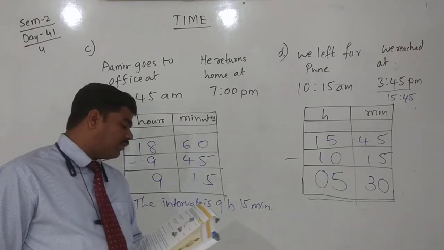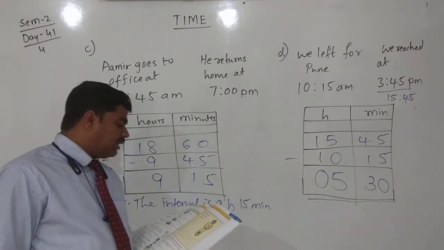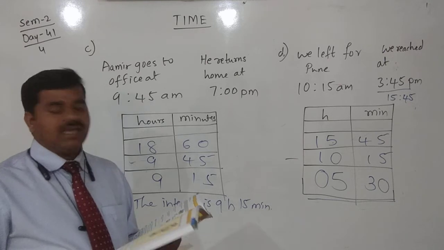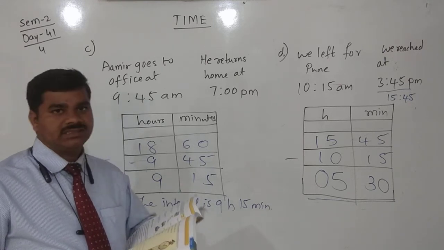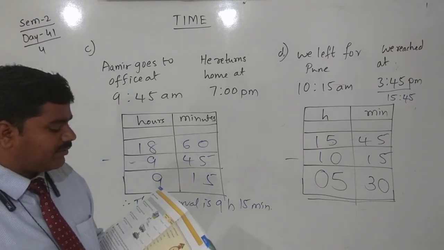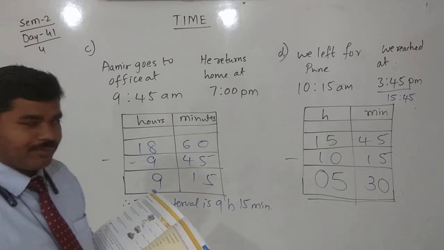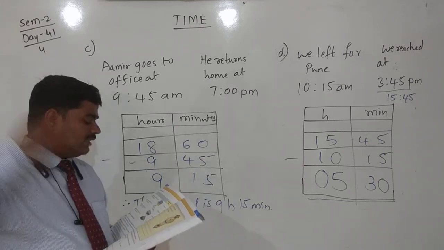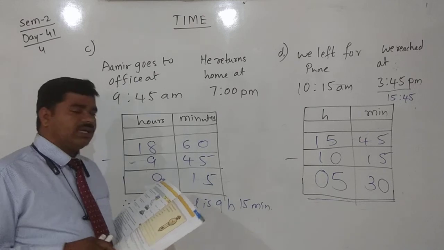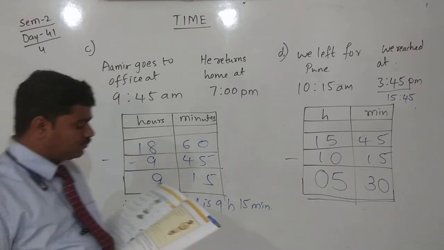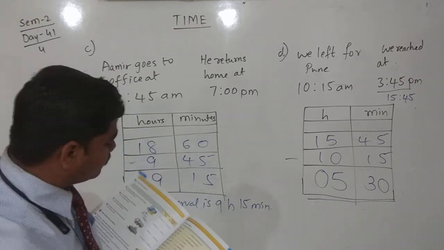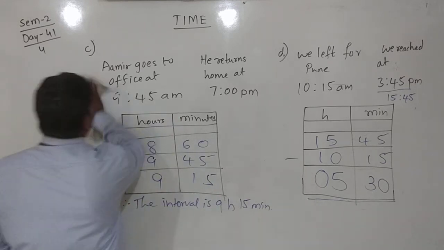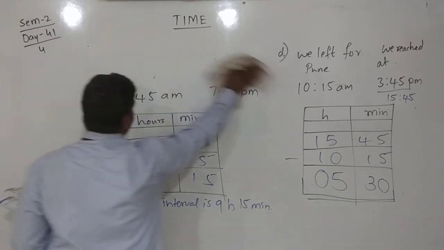It departs at 11:45 a.m. and arrives in Baroda at 5:15 p.m. Then calculate 11:45 a.m. to 5:15 p.m. Very simple.